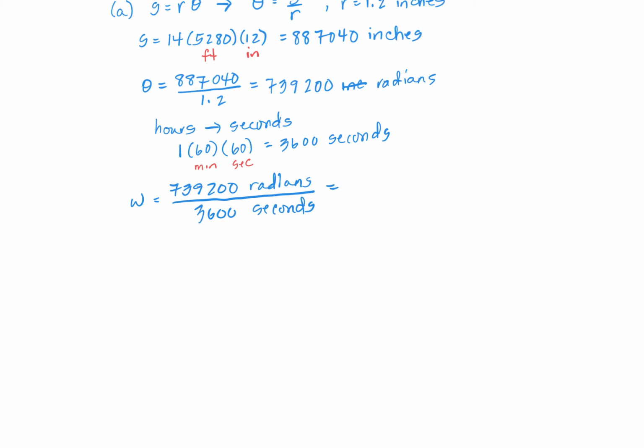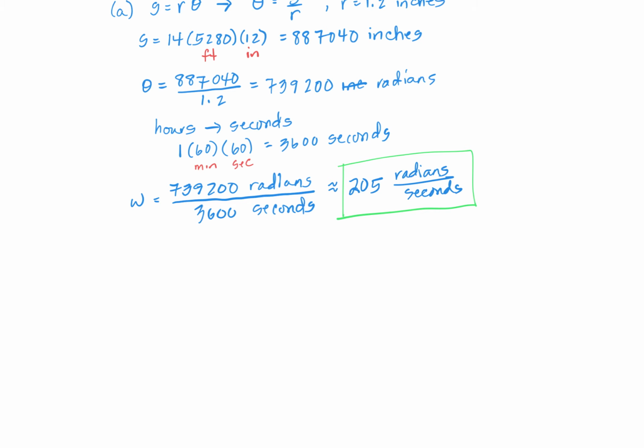Radians per second. Why don't we just approximate this? Because we get this long decimal. So I'm just going to write this to not even one decimal. I'm just going to write it as 205. And this would be radians per second. Well, that was a little crazy.